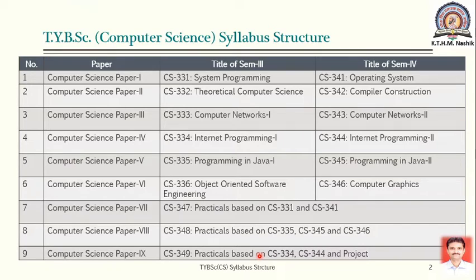And a small project is to be developed using either PHP or Java. In addition to that, you have to prepare a documentation using UML that you have studied in CS336. This is about the overall structure or the content of theory papers and practical papers.